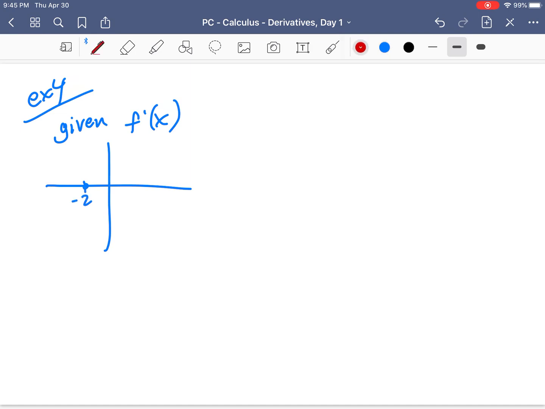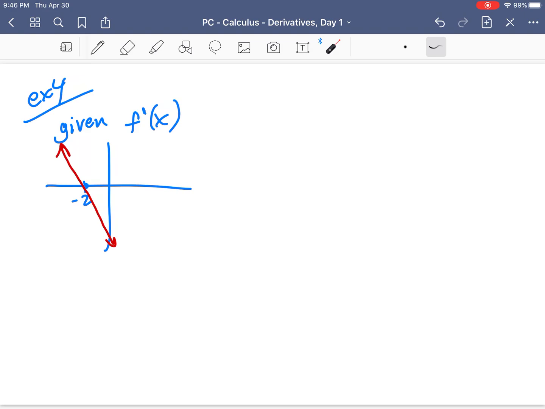It's really important that you recognize this is the derivative. What you can tell here is that at -2, the derivative is 0. That must mean you have some kind of maximum or minimum.